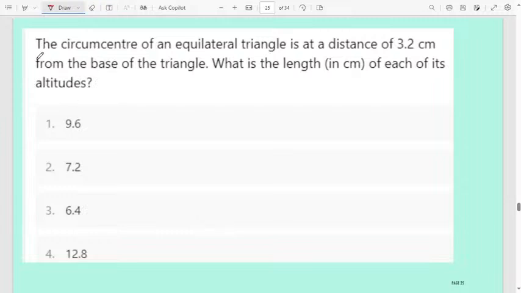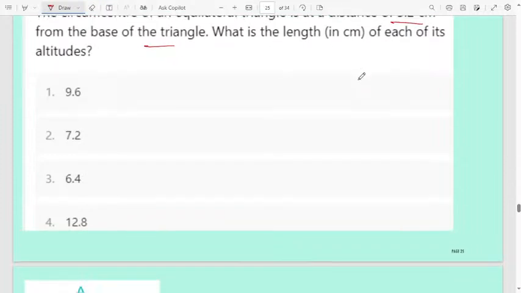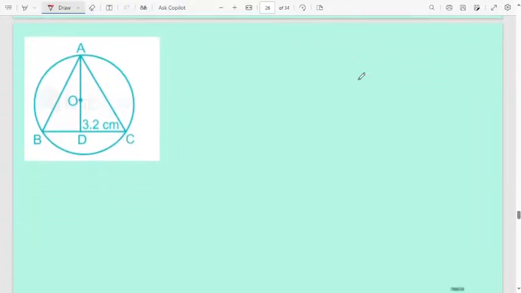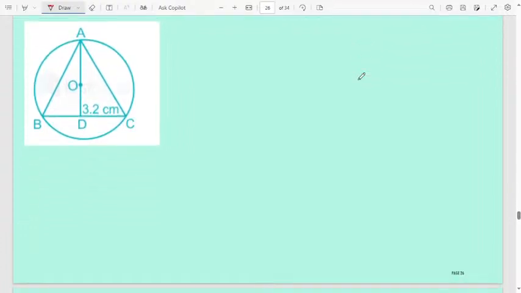The centre of an equilateral triangle is at a distance of 3.2 centimeter from the base of the triangle. What is the length in centimeter of its altitude? They have given the figure also.